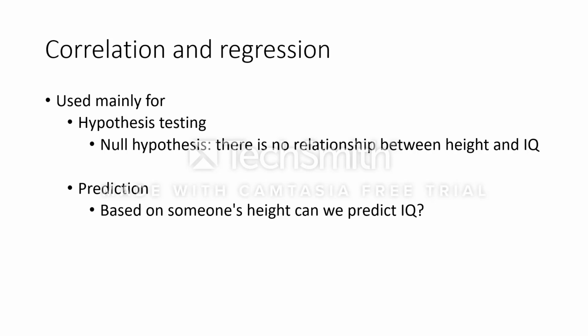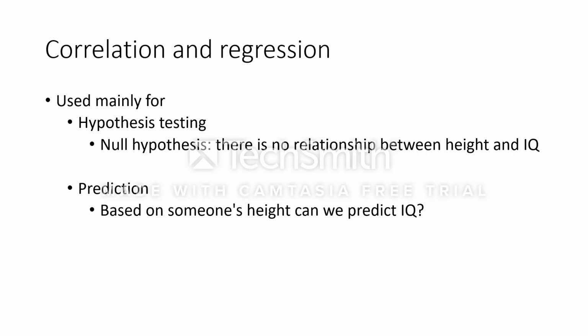Now, correlation and regression within the field of psychology are mainly used for hypothesis testing. For example, you might have a null hypothesis: there's no relationship between height and IQ. Well, you might be able to then go and conduct an analysis of data in which you've measured people's heights and IQs and perform a rudimentary correlation, and that would start to give you some information about whether there is a relationship there or not.